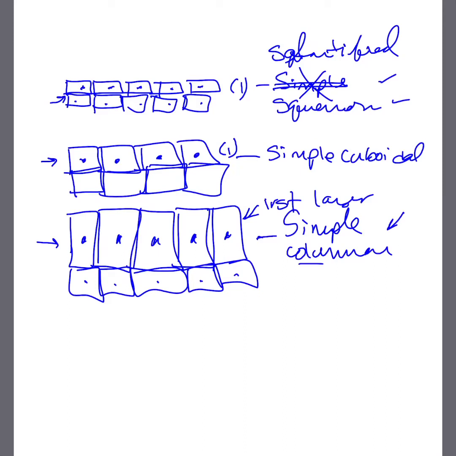The simple columnar typically is your first layer, the one that looks more columnar. But from the second layer down, it's gonna look more cuboidal, for example, than columnar. Anyways, it's still known as simple columnar because your first layer, like I said, is columnar.